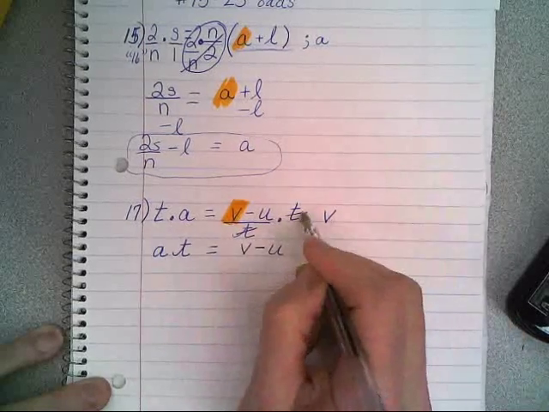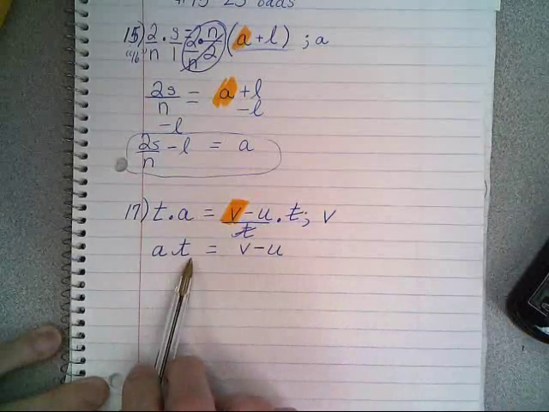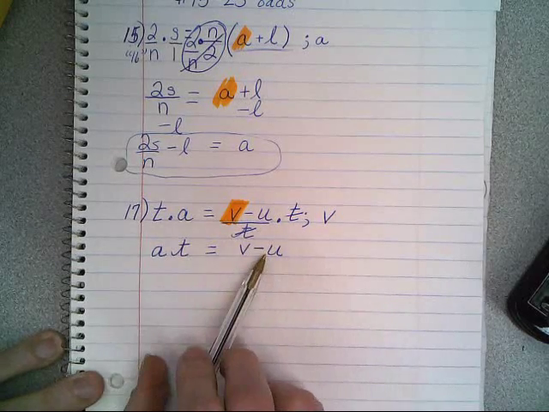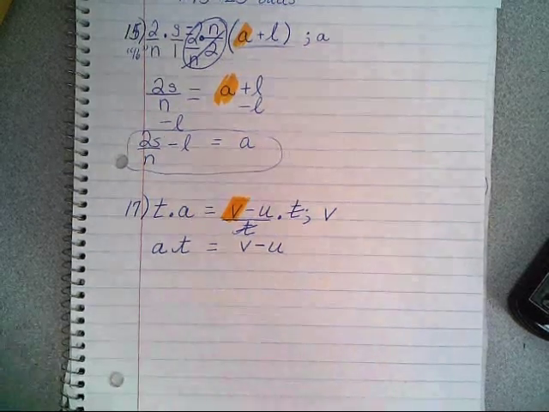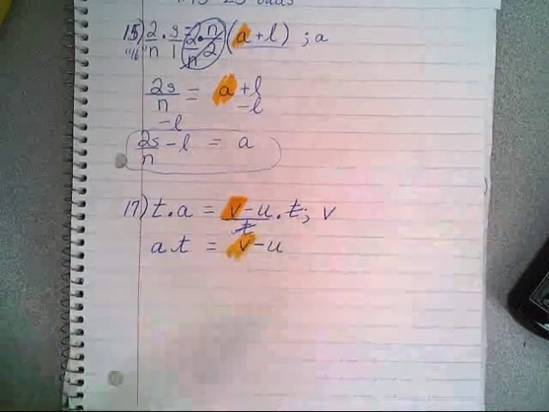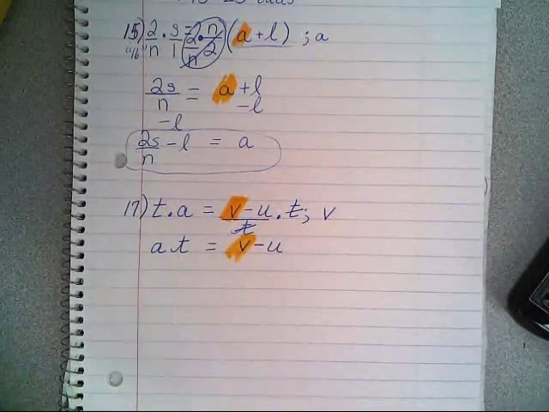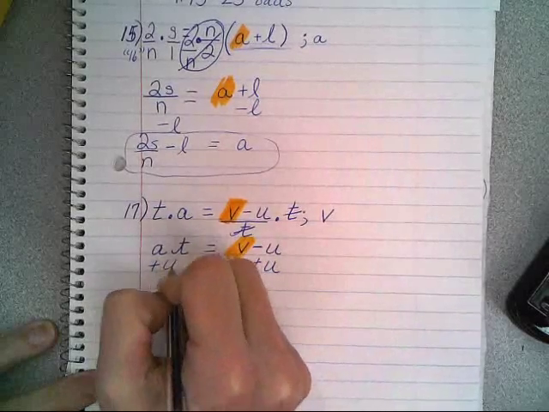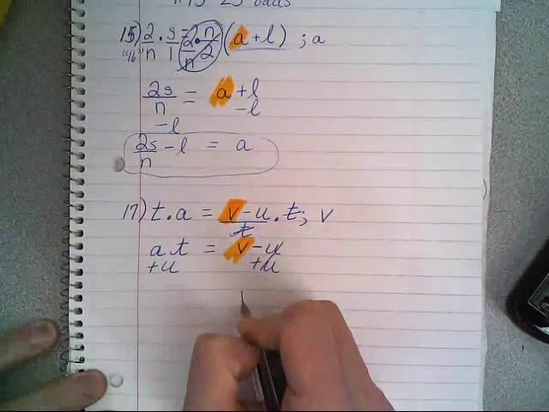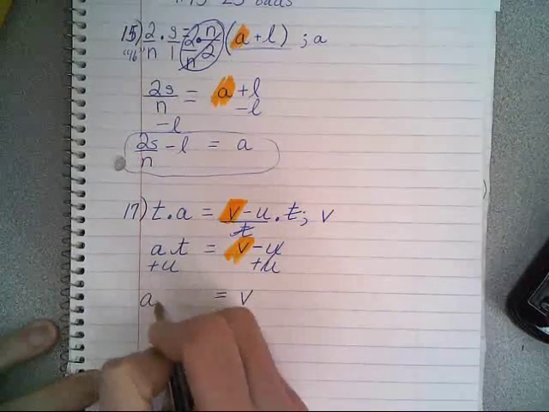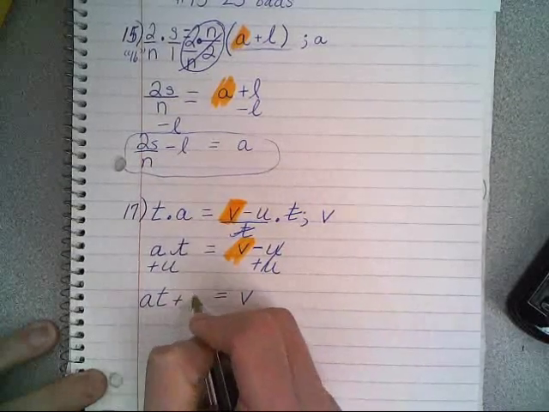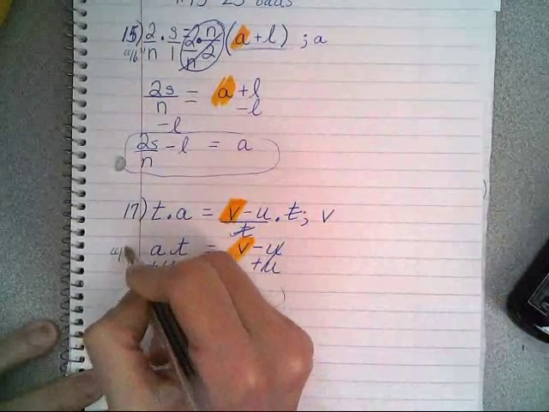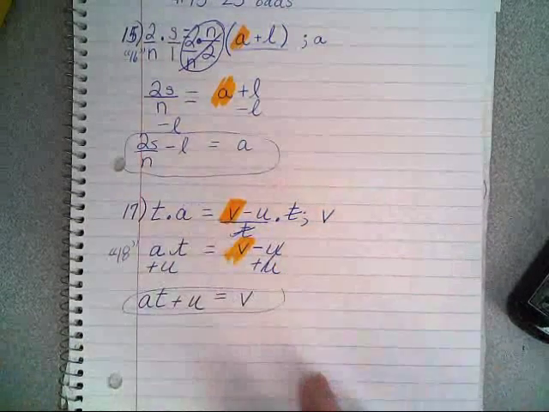The t's canceled each other out here, and I just rewrote it because I like the word at better than ta. We're working on now still identifying what v equals, not what v minus u equals. So if we add u to both sides, we're left with v equals a times t plus u. And this will help you with number 18.